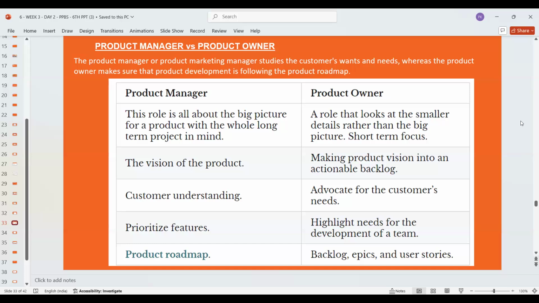But when we say product owner, a product owner is a person who owns the overall process. When I say the overall process, I mean the entire Agile and Scrum implementation, the overall product development. When I say development, I mean not only the development team working on coding and programming, but the entire phase, when we have all the ceremonies, the first ceremony being sprint planning, then sprint, then daily stand-ups.